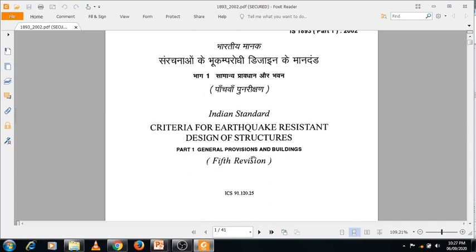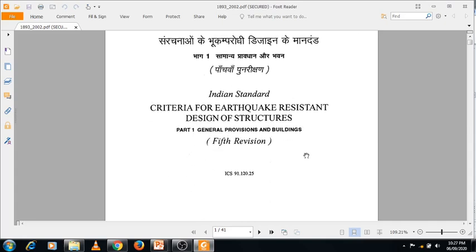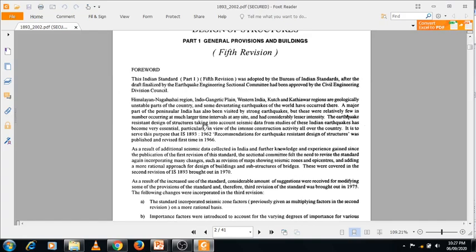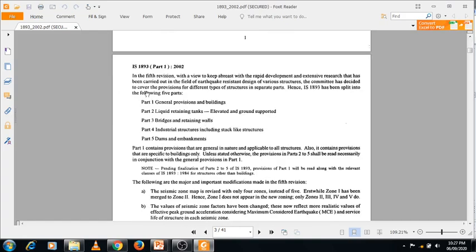Part 1 is the general provisions and buildings, that is, criteria for earthquake resistant design of structures. Part 2 is for liquid retaining tanks, elevated and ground supported, Part 3 for bridges and retaining walls, Part 4 for industrial structures including stack-like structures, that is chimneys, and Part 5 for dams and embankments.